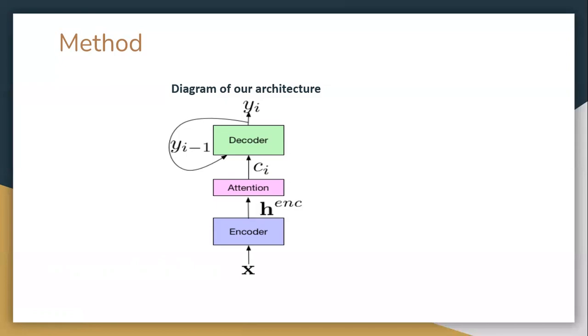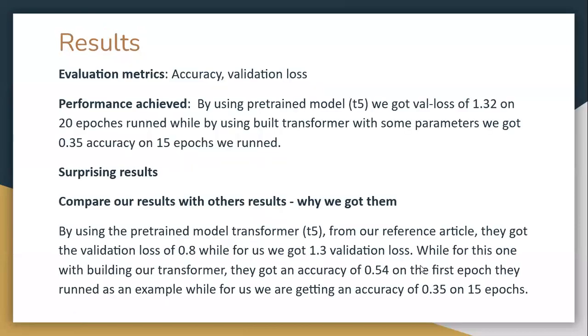The input was the Kinyarwanda, here is X, and it passes through the encoder to get the embeddings that should be passed through attention, and the decoder part was there to transform back to English. So let me call upon my colleague to continue with the results.